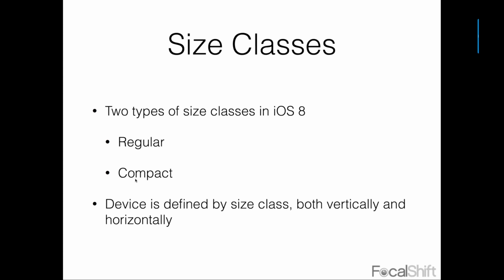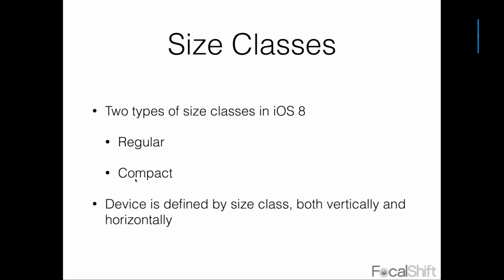Okay, so Apple has introduced a concept they call size classes as a way to help us manage the different characteristics of these devices. Basically, a size class describes attributes of either the width or the height of your user interface.